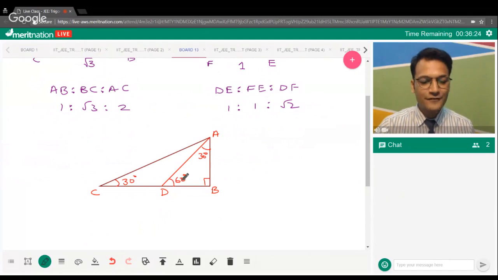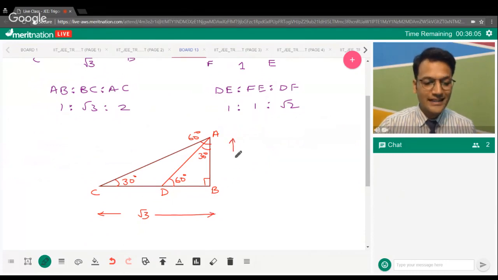So over here, side in front of 60 degree, or let me take the larger triangle first of all. ABC, just see this triangle. This is 60 degree. So side in front of it, this CB will entirely be √3 in terms of its ratio. I'm just writing the ratio, right? So ratio of this side will be 1 because it's in front of 30 degree angle. 60 in front of it, √3, 30 in front of it, 1.